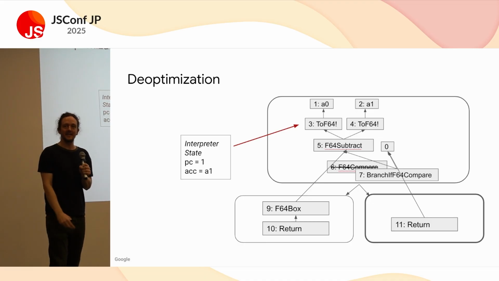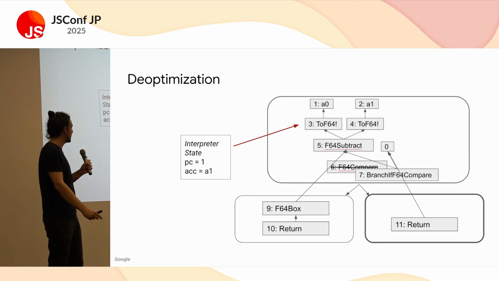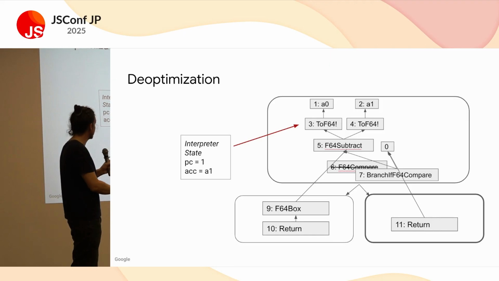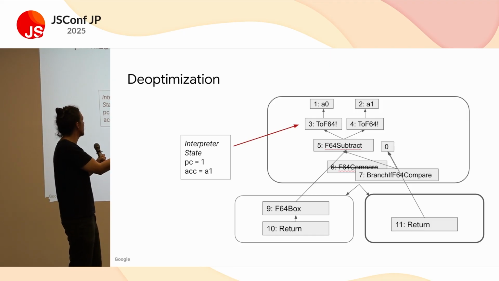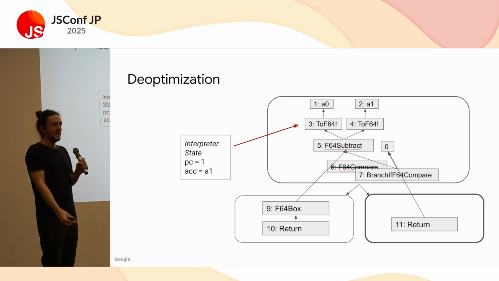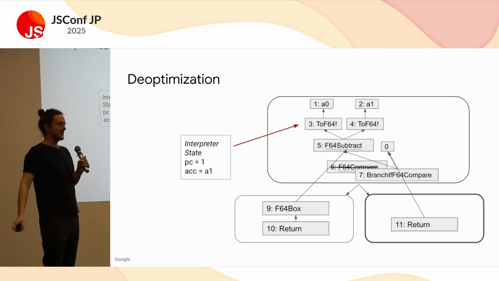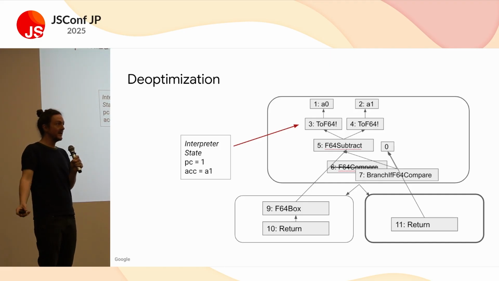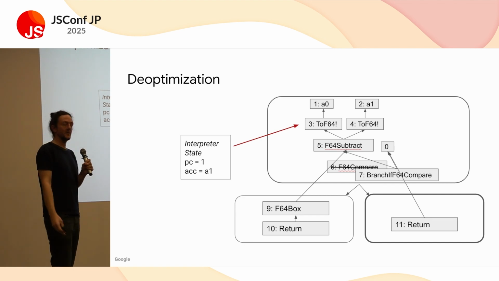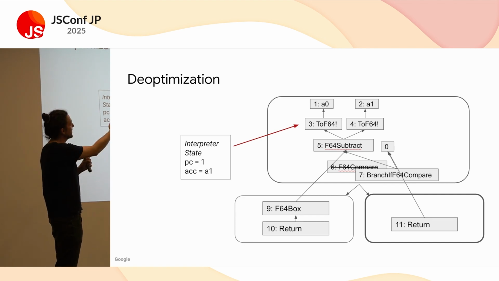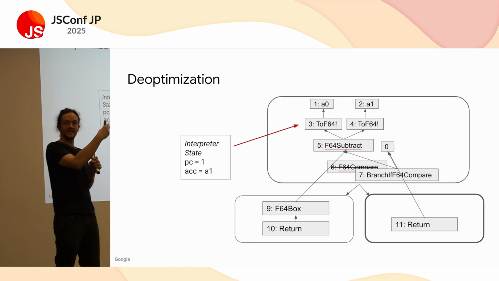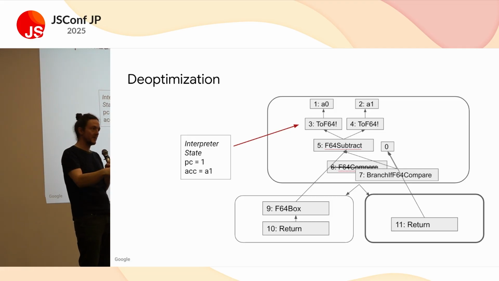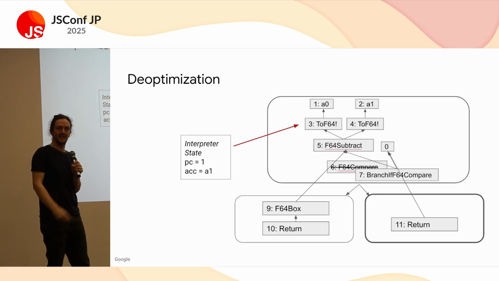So it's not that complicated to understand once you wrap your head around it. So basically, what we say here is if we would run up to this point, then the interpreter would be at bytecode 1, and the accumulator would contain the argument 1 to that function, because at this point we would have already executed that instruction.